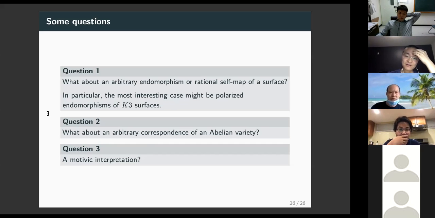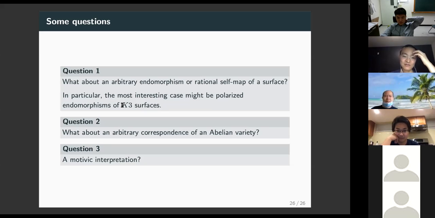For this question, if you consider a K3 surface, you really have to show that the induced action of the morphism on the transcendental part can be bounded in some sense by the induced action on the algebraic part. But we don't know too much about the transcendental part, though there is one way to consider it.